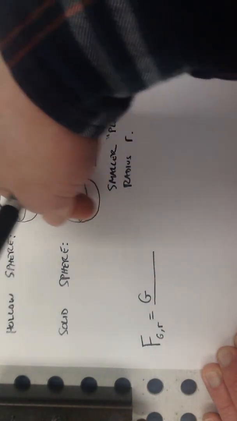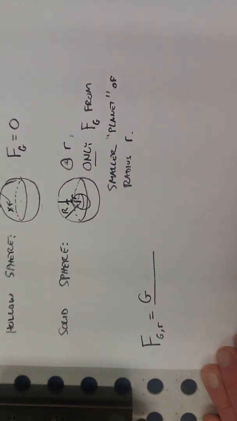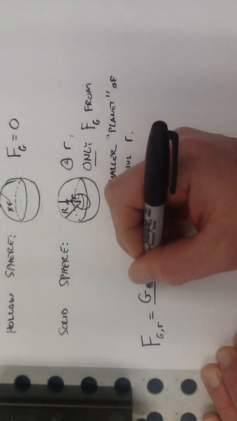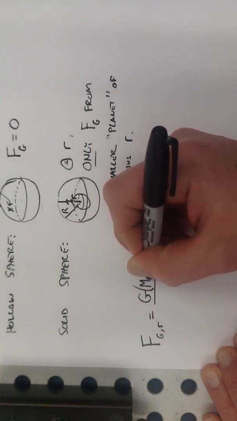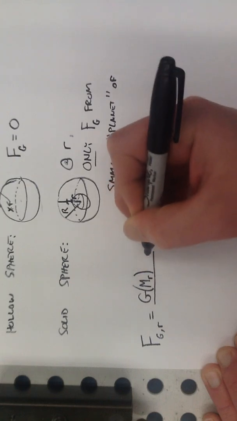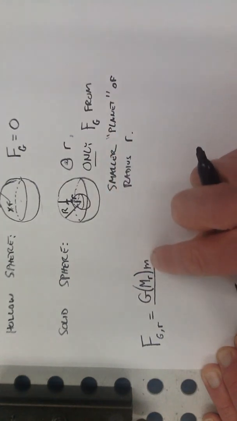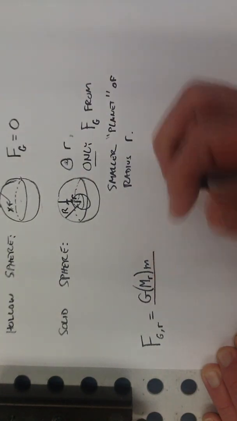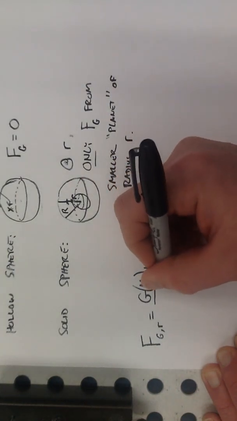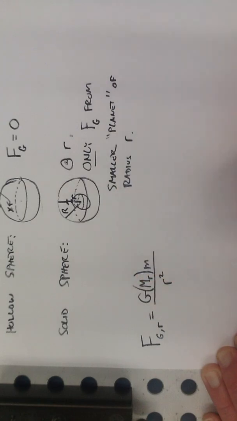It's just telling us the direction of that force, that it's toward the center. So G m, and that m is the mass of like the little version of the planet, and then here's u, or whatever object is down there. So G m m over r squared.